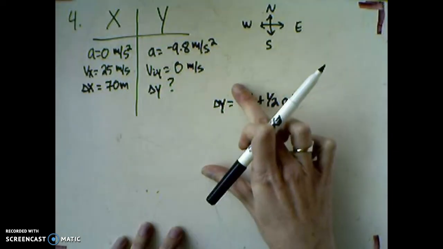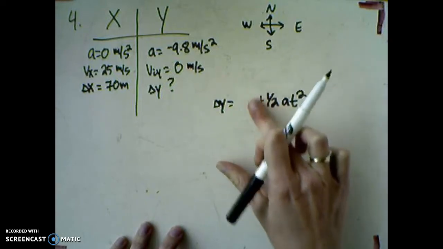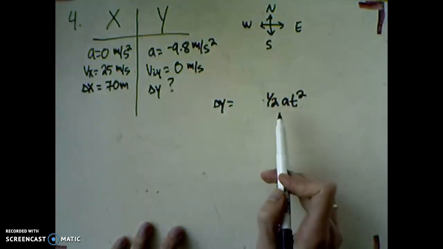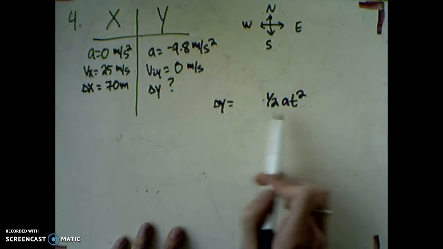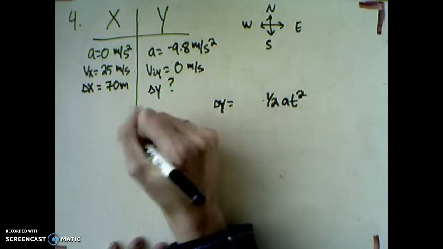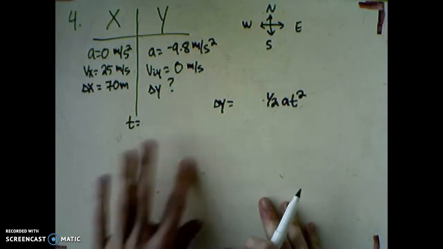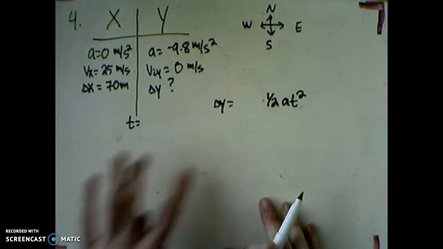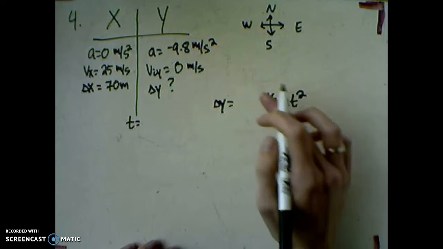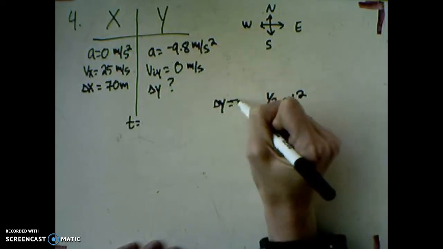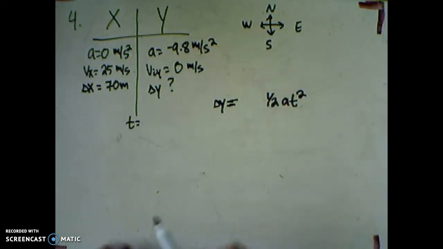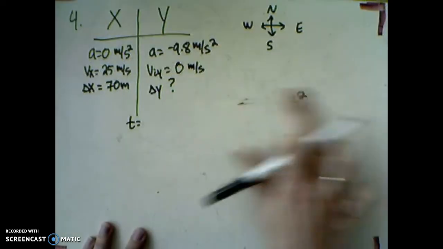It's true I can go ahead and get rid of this because VI is 0. I have A, but I don't have T or delta Y. So since T can be the go-between, T is in both the X and Y components, I'm going to solve for T to figure out how to get delta Y. So let's do that first.